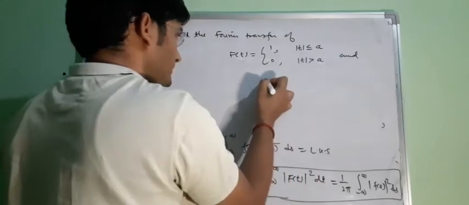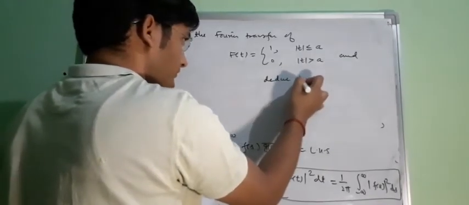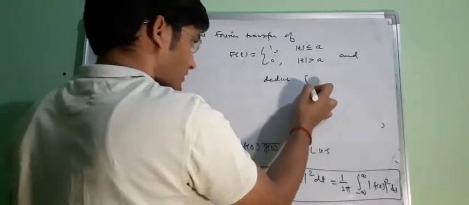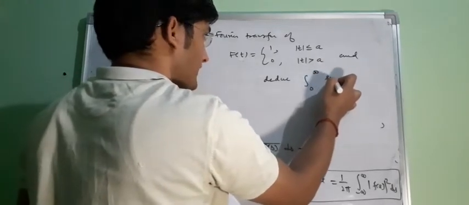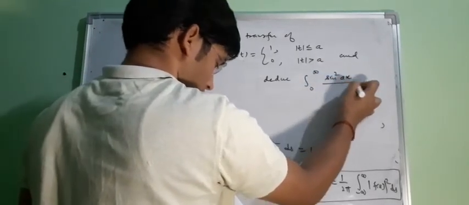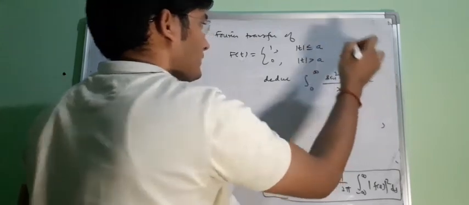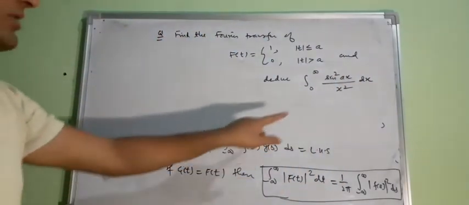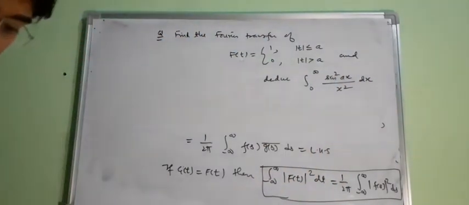And evaluate and deduce the value of the integral from 0 to infinity of sin squared ax upon x squared dx. Solution.